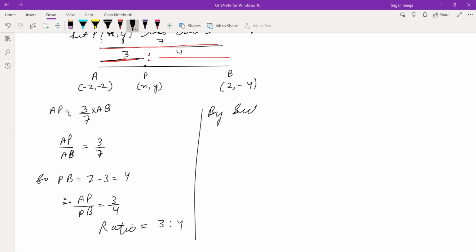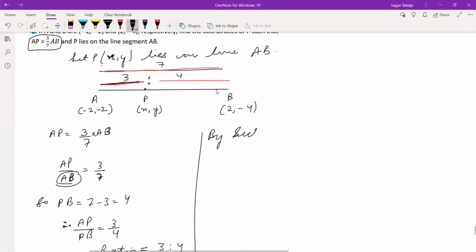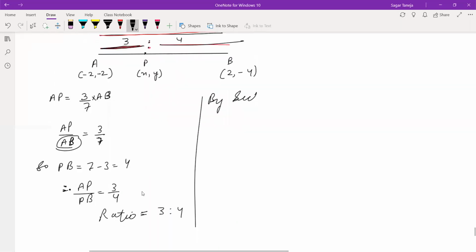Bring it for division, AB as the denominator on the left side. Then you will get to know the ratio, 3:7. But 3:7 is not making sense as it is AB. See this, at the bottom it is AB, and AB is just the total. We are not required to do anything with this. AB is just total. So AP is 3, then PB will be total minus 3, that is 4. So 3:4 is the ratio, right, in this way.